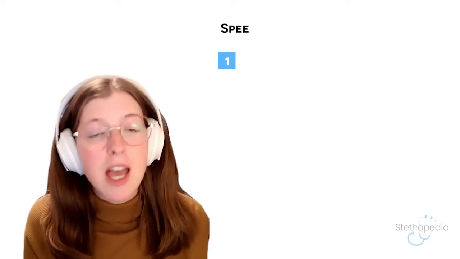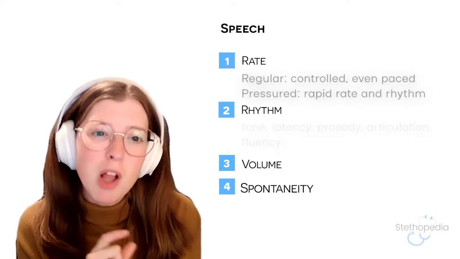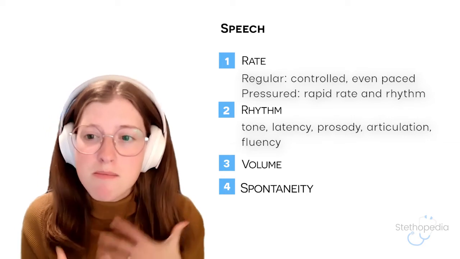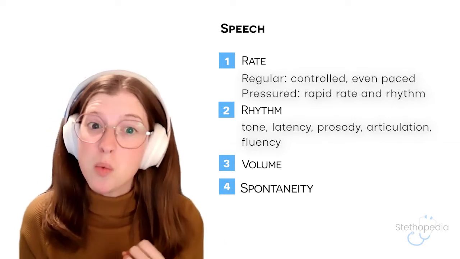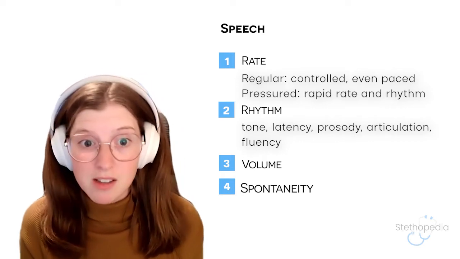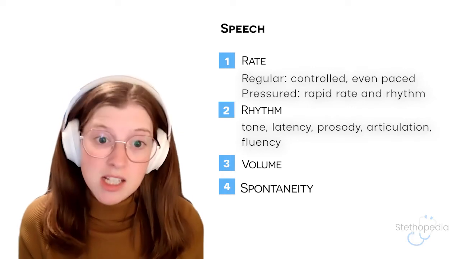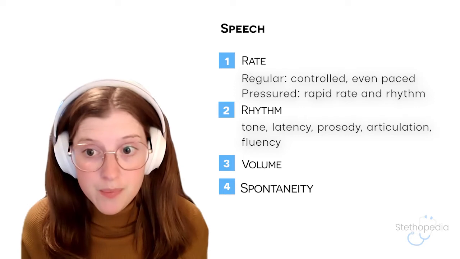Next, you comment on speech. Speech, again, is observed. The key with speech is that some people often confuse speech for thought form. Speech is the manner in which we speak, and it involves things like the rate, like words per second, rhythm, latency, prosody, articulation, fluency, volume.